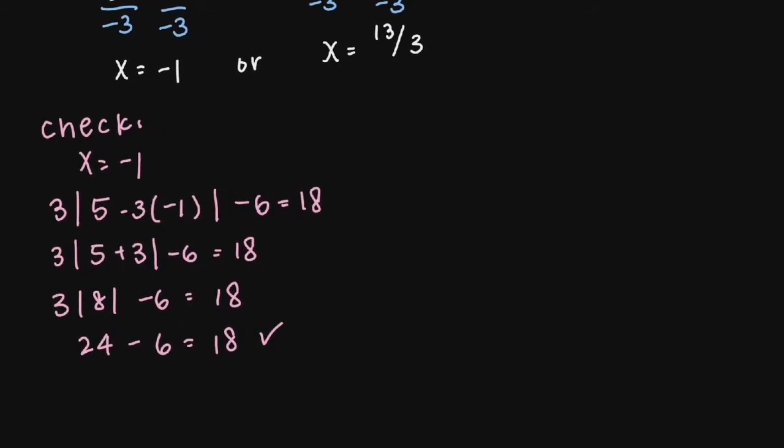Now we have to check 13 over 3. So x equals 13 over 3. So we get 3 times the absolute value of 5 minus 3 times 13 over 3, minus 6 equals 18.